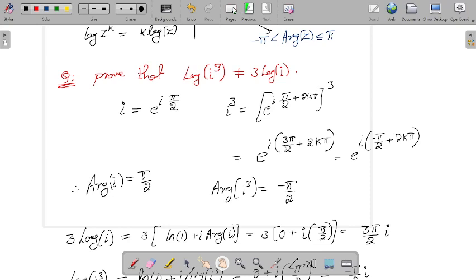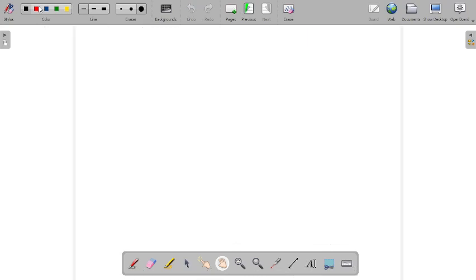Okay, now you can look at a few more. Log of z1 into z2 is the same as log of z1 plus log of z2 when you do not have any restriction on the argument. But if you have a restriction on the argument, this is not always true.